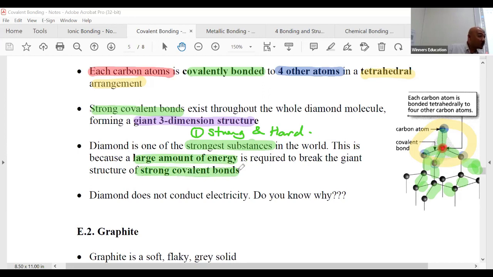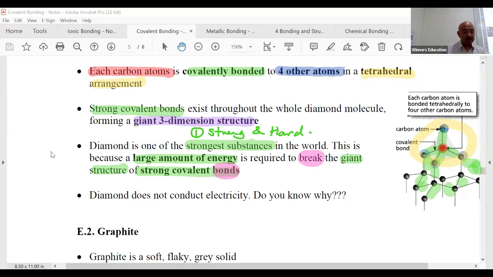And not just one covalent bond, but many, as represented by the giant structure. Can you see? Keyword pairing. If you're asked to explain, use the term break, because of the word bonds, which I taught you an hour ago. So this is the first one.